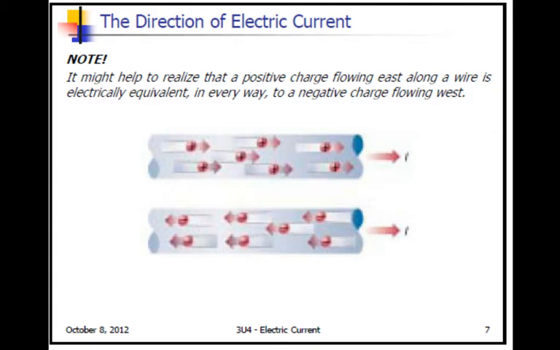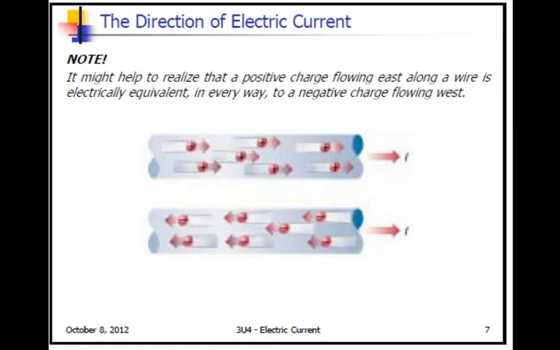It might help to realize that a positive charge flowing east along a wire is electrically equivalent in every way to a negative charge flowing west. So this is another interesting situation, because it's possible to have positive and negative charges moving. There might be positive ions that are flowing.